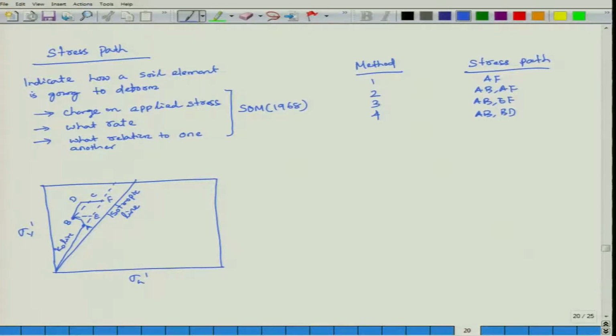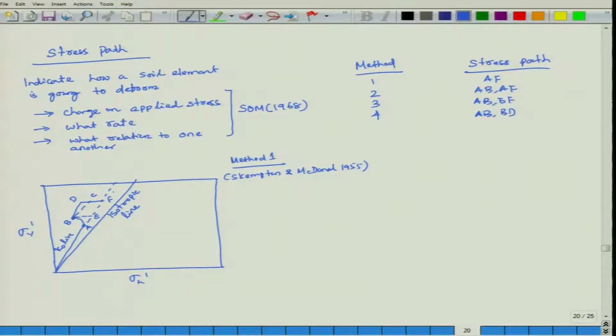So, method 1 has been given by Skempton and MacDonald, 1955. In this case, if you look at method 1, this is your AF. What does it mean?